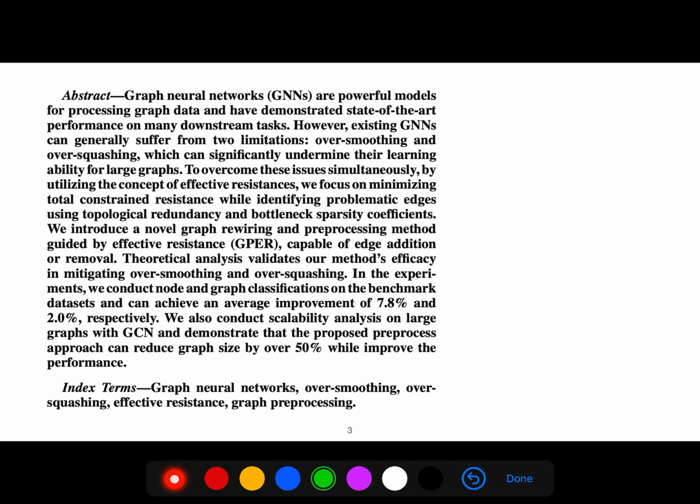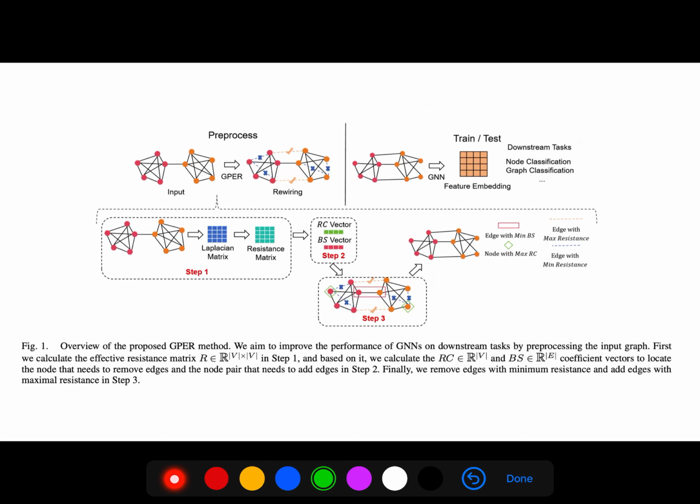To overcome these issues simultaneously by utilizing the concept of effective resistance is good, but calculating this in practice is still computationally expensive, because anything to do with the inverse of a matrix is computationally expensive. Anything to do with solving a linear system of equations still takes time, and this adds to the computational complexity of graph neural networks, but it has very important topological aspects.